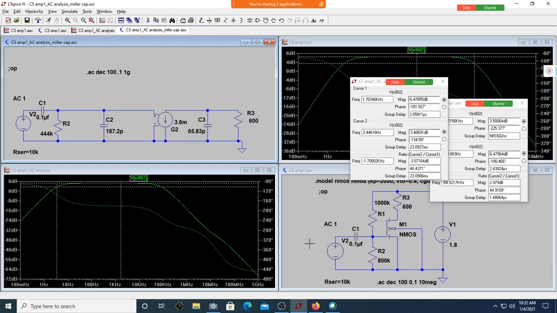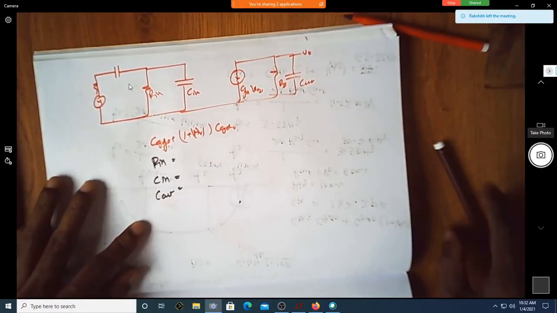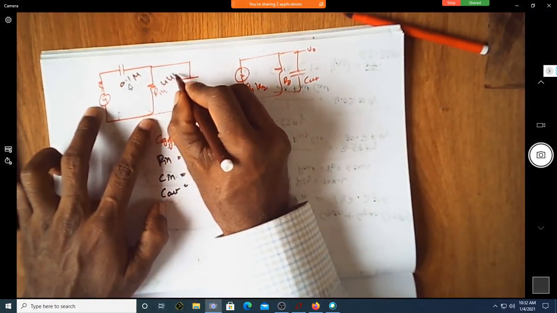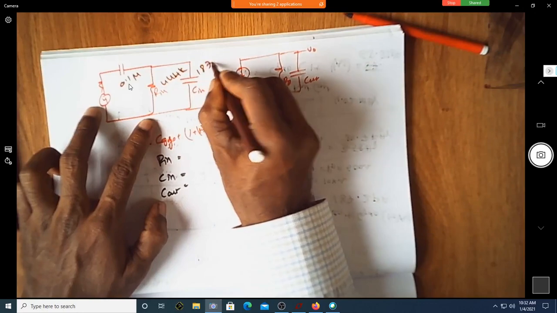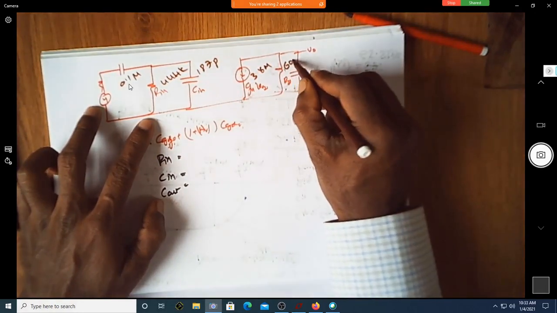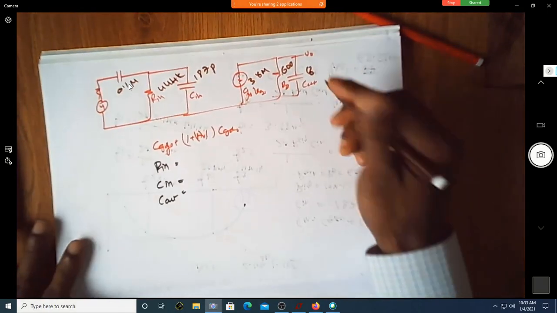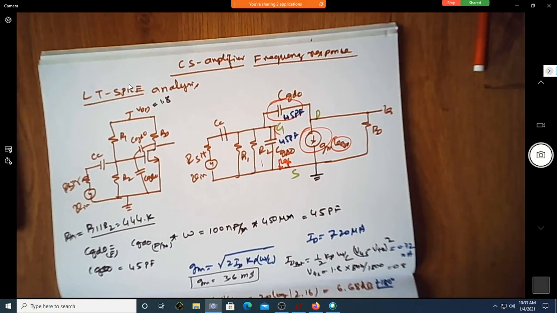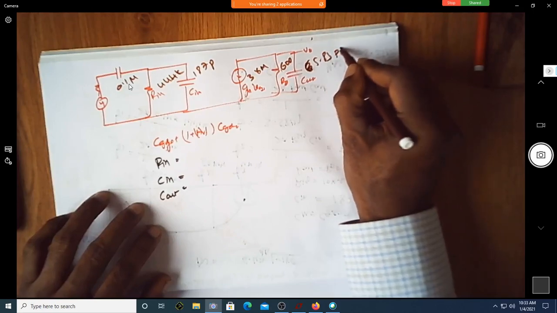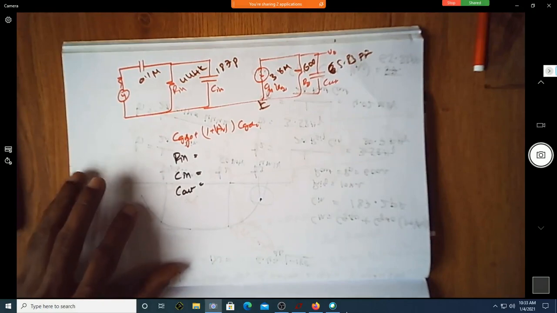This is the equivalent circuit we have. So this is 0.1 microfarad, 444K, 187 pico, 3.6 milli, 600 ohm, 80, sorry, how much is that? 65. How much is that? 65.83 picofarad. Is that fine? So we should end up with the same frequency response.